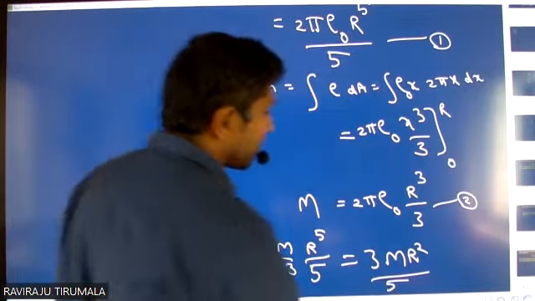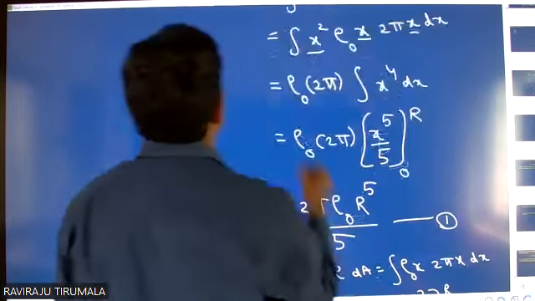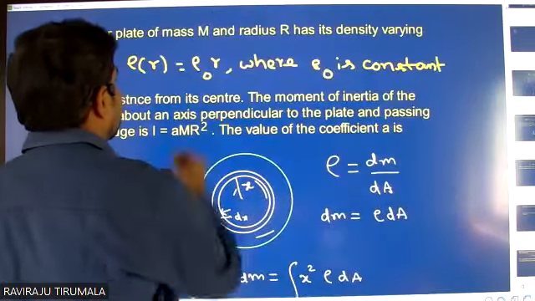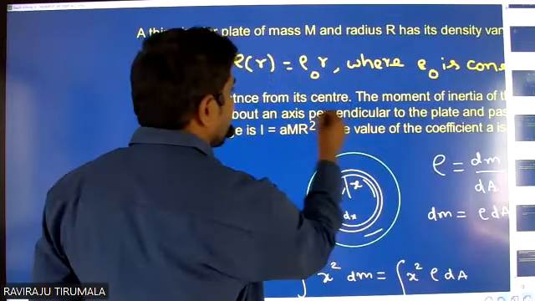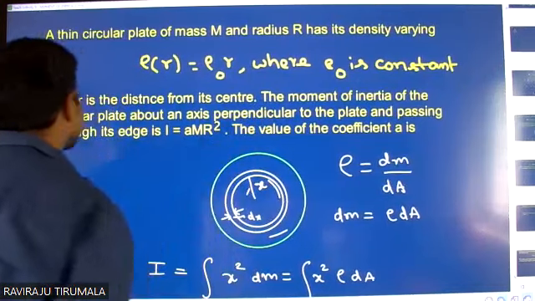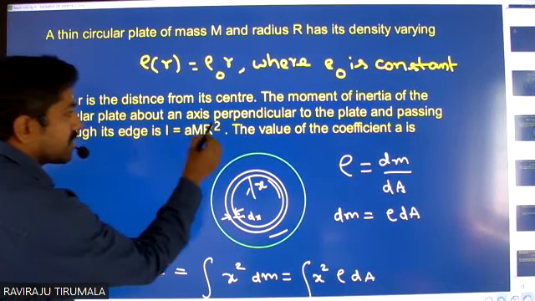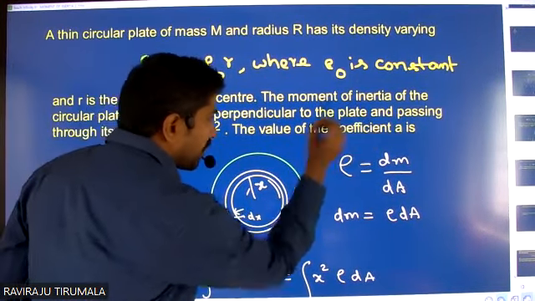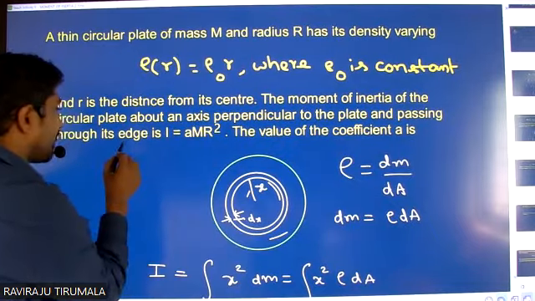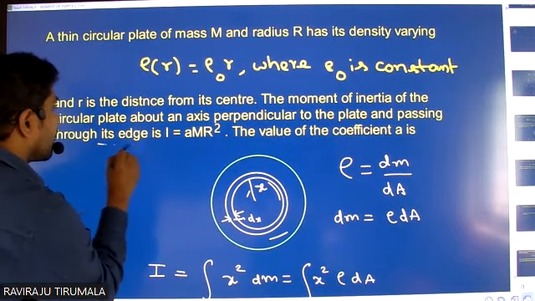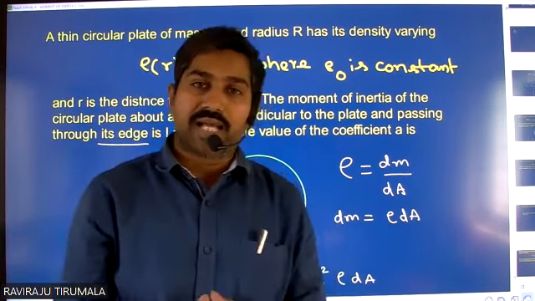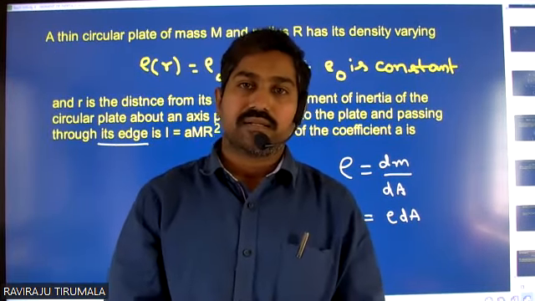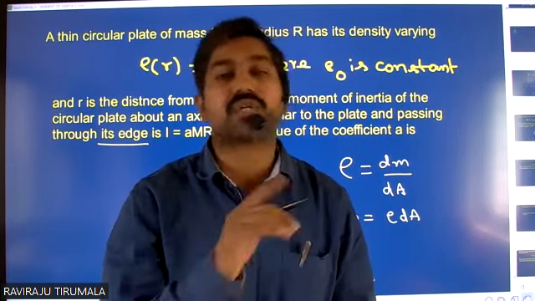But see the question again. Here you see the question again, that they're asking moment of inertia about which axis? About an axis perpendicular to the plate and passing through its edge. They're not asking about an axis passing through center, about an axis passing through edge only.